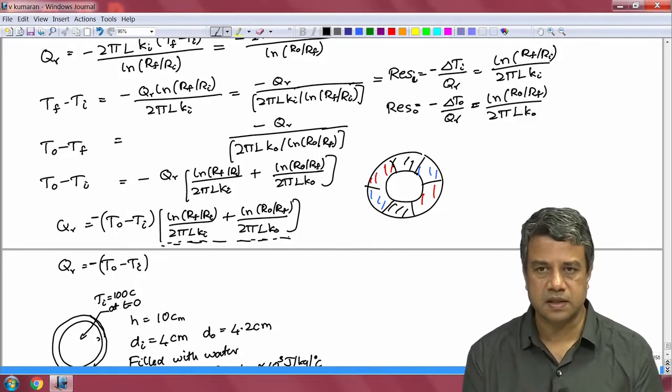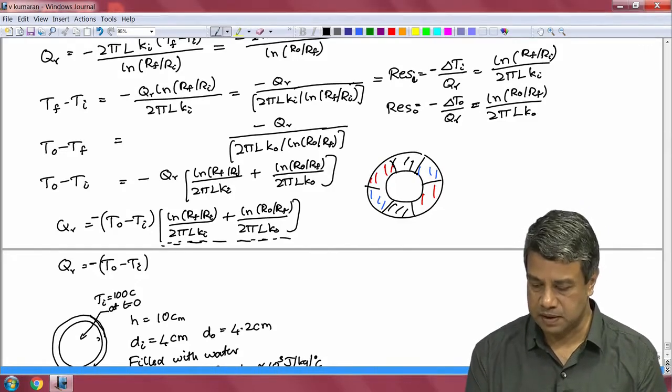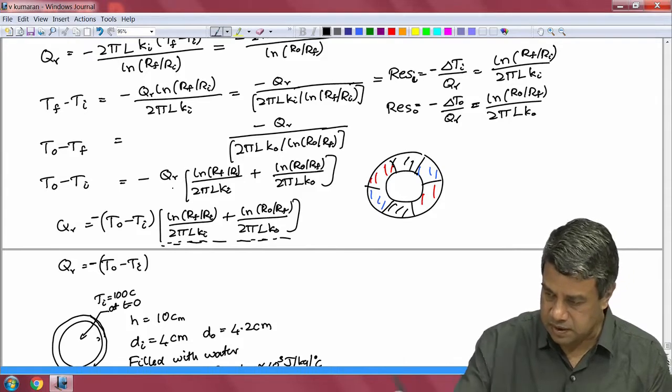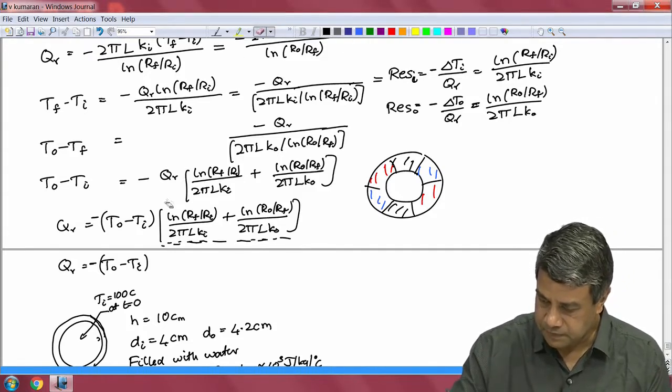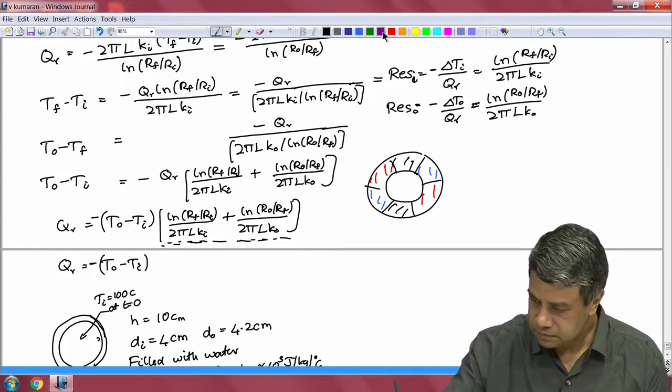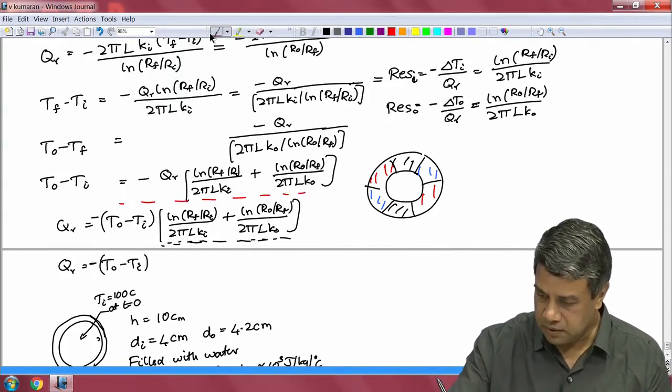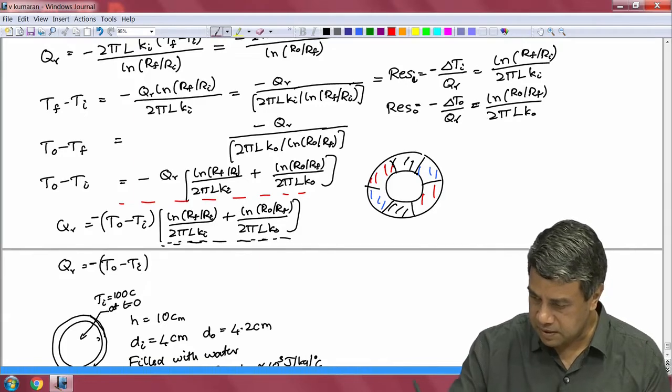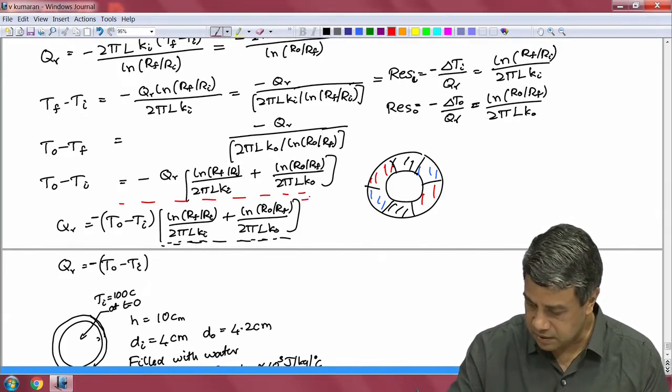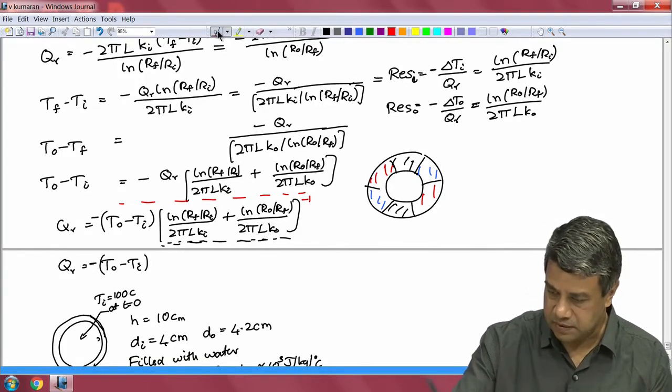For a series the resistances will be added up, as shown over here. And therefore, Qr has to be equal to this times this inverse. Kindly note this correction, there should be an inverse over there.